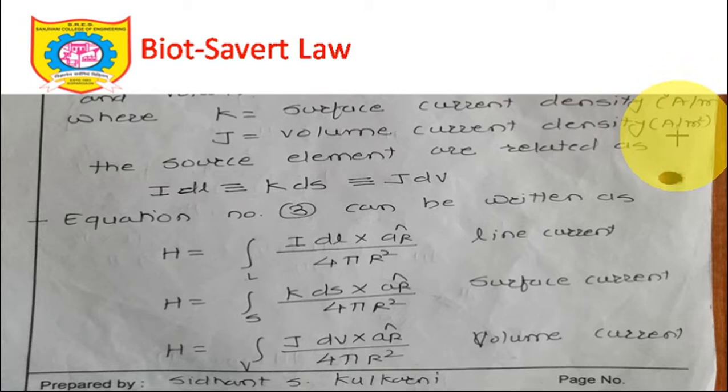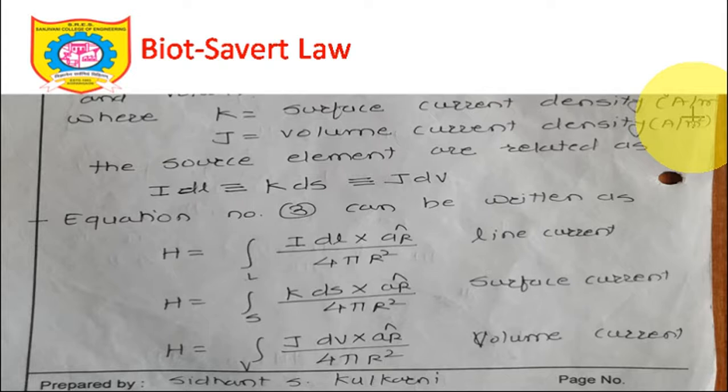If you do remember, what was the line charge unit? Coulomb per meter. What is the surface charge, ρs, unit? It is coulomb per meter square. Similarly, K is the surface current density, so its unit is ampere per meter. For a line, the unit is ampere, and for a point charge we have the unit of coulomb.